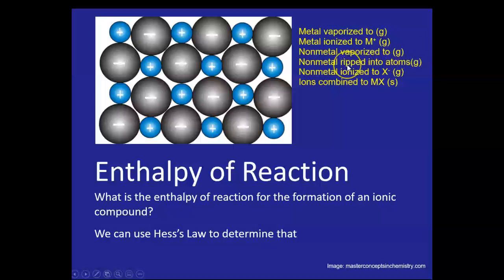And then, if it's diatomic, like bromine and chlorine and fluorine, you have to rip them apart into the individual atoms. Then you have to throw an electron or two or three into the nonmetallic atom to make it a nonmetallic ion. That gives off energy. And then you combine the metal and nonmetal ions to form the salt crystal, the solid.